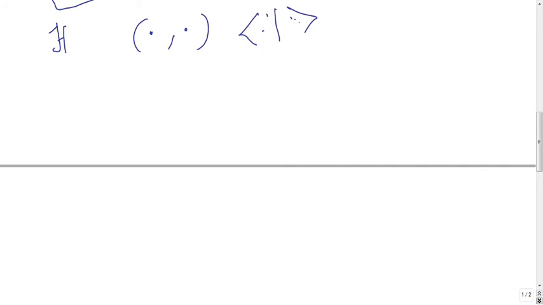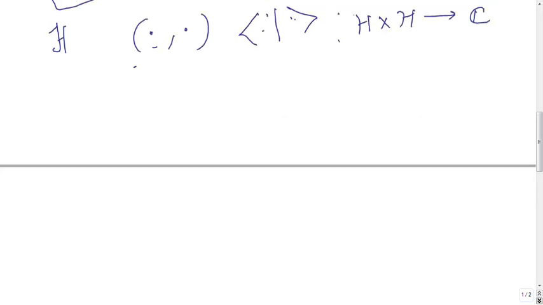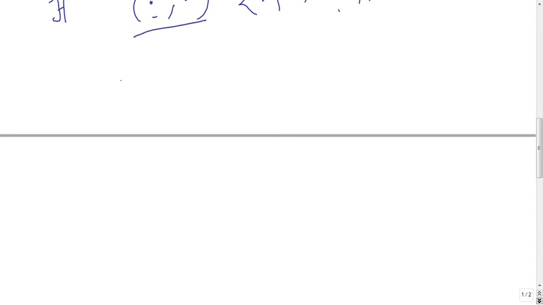It is an operation which maps two vectors from the Hilbert space and gives a complex number as its output, and this inner product satisfies the usual properties of inner product which we have discussed earlier.